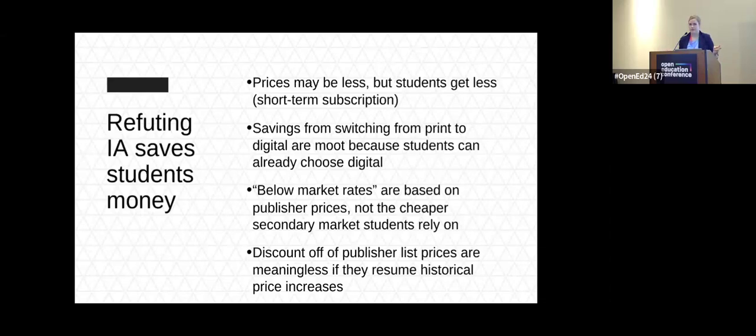So below market rate is going to be for new textbooks only. And a discount off of a publisher price list is not necessarily meaningful to a student if they're going to continue to resume the historical price increases that we've seen. We've seen the price of textbooks inflate. I think the stat is, don't quote me, but like 300% times the rate of inflation over the past 10 years. So, obviously there is a history of this going on.